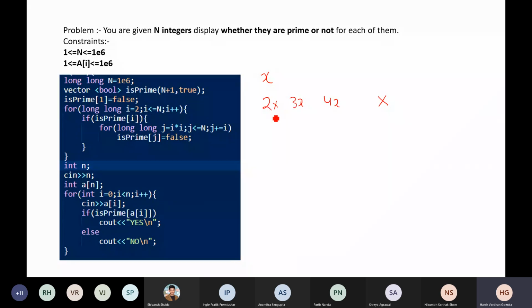For 2x, 2 will be a factor which is less than 2x and greater than 1. Similarly for all the others. So it is unnecessary for me to check this range of numbers to see whether they are prime. When I get a prime, I will mark all its multiples as composite numbers. Everybody got this? How every other multiple of x comes out to be a composite number?